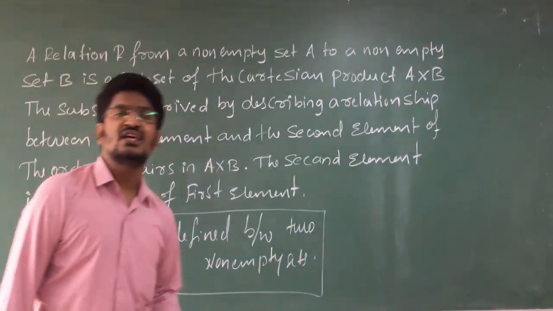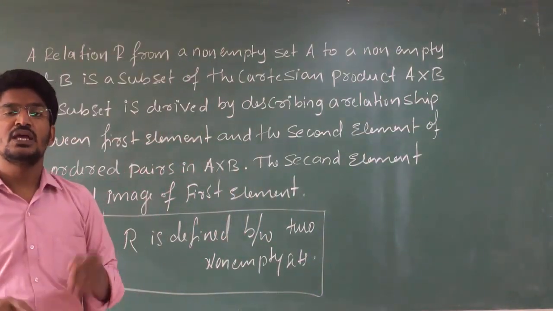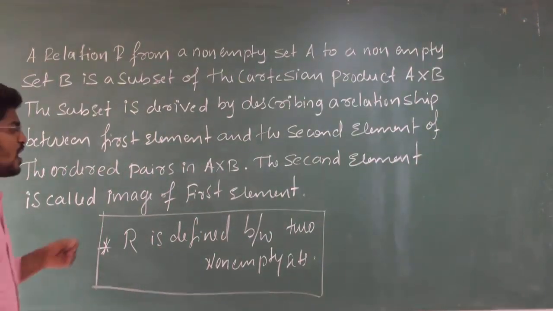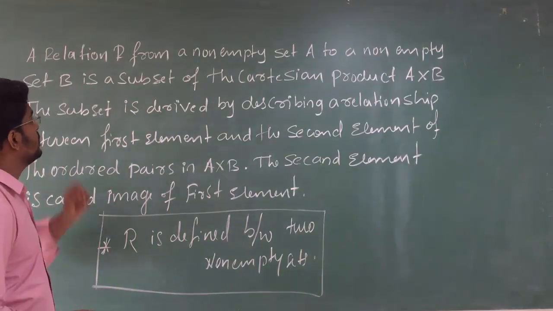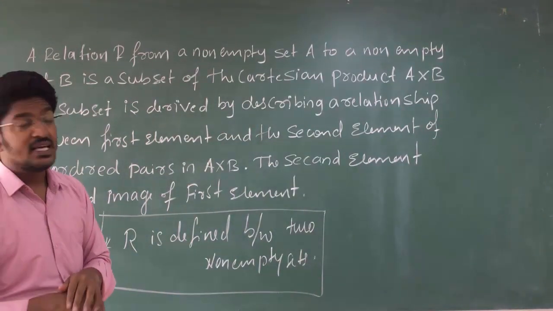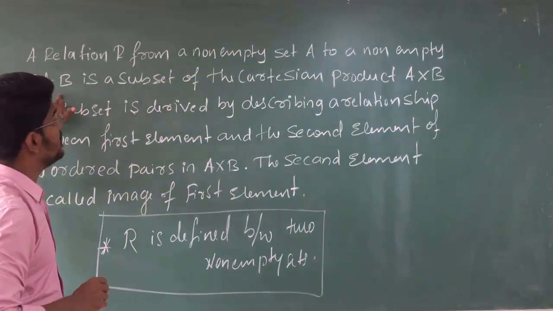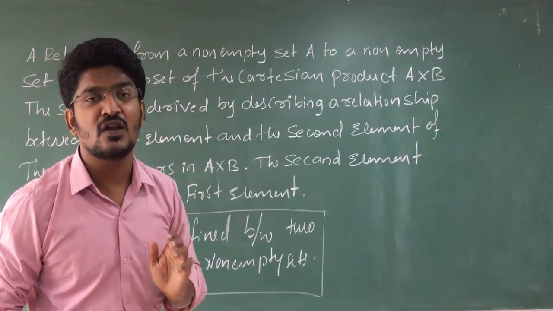Clear? If the relation has to exist, both sets must be non-empty. Clear? So R is defined between two non-empty sets, that is A and B, such that, see here, a relation R from a non-empty set A to non-empty set B is a subset of Cartesian product A cross B.